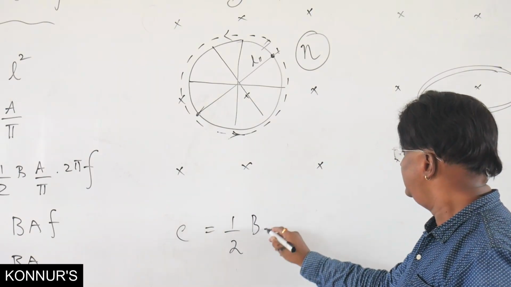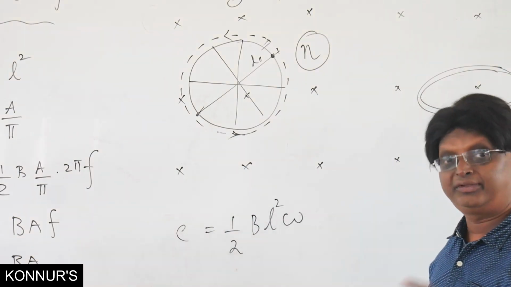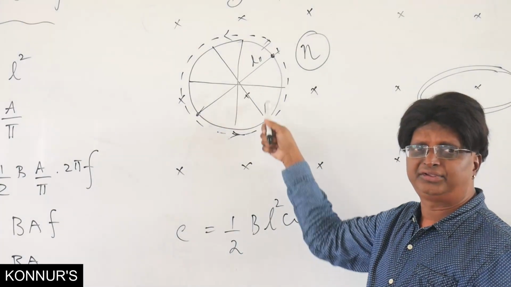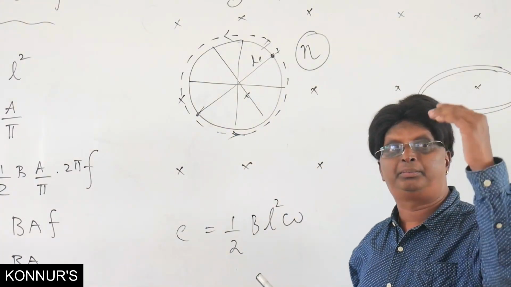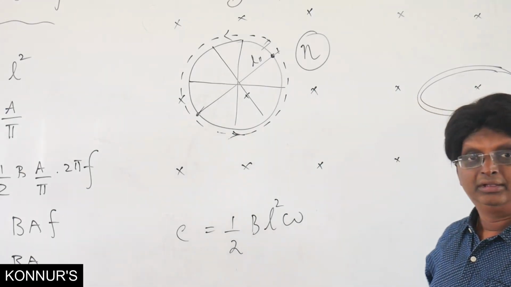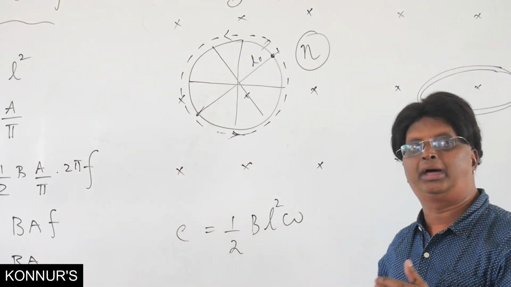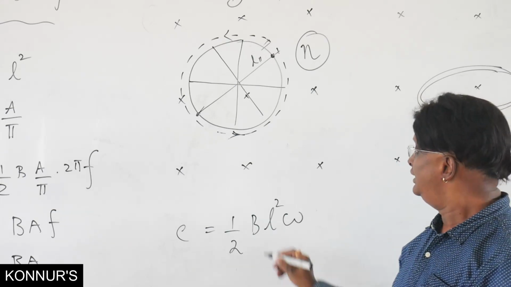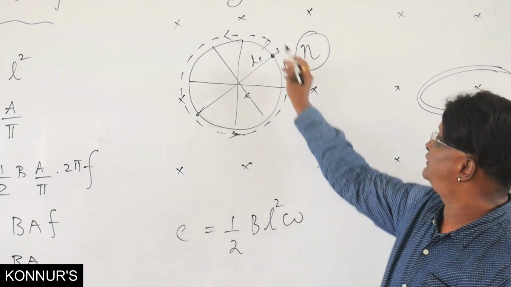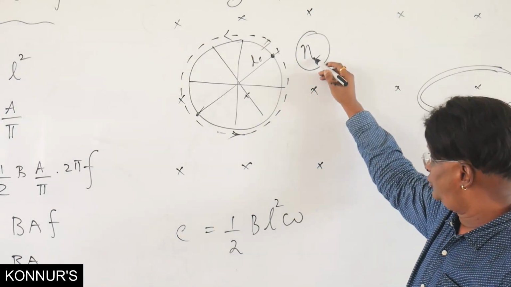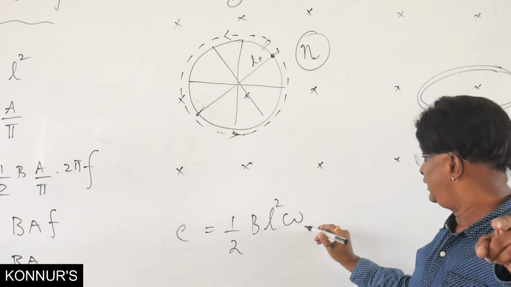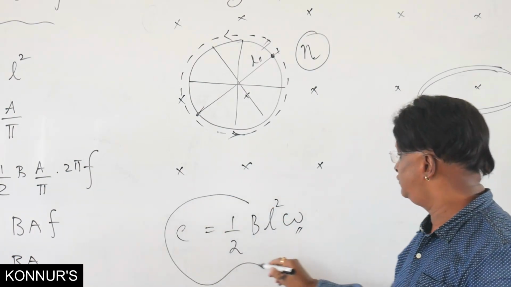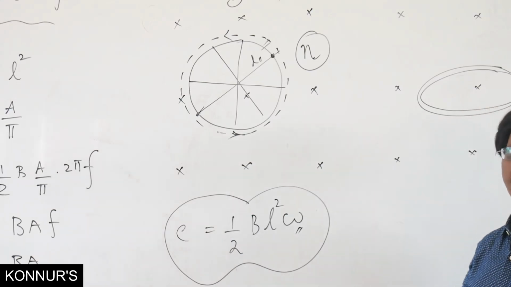Half B L squared omega. This is for each spoke. Now, when we consider all such N spokes, it is nothing but a parallel combination of all EMF sources. And we know that in a parallel combination, potentials are never added; it becomes a common potential. Therefore, even for the case of a wheel with N spokes rotated with an angular frequency omega, E is equal to half B L squared omega.